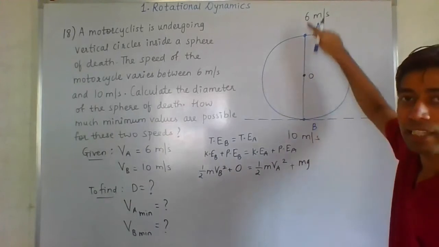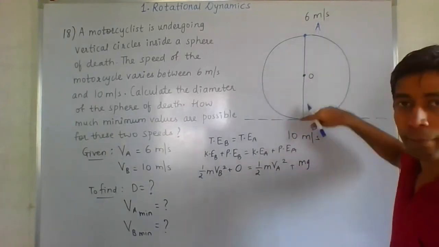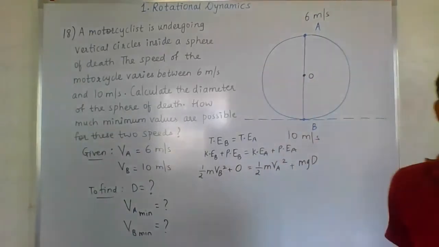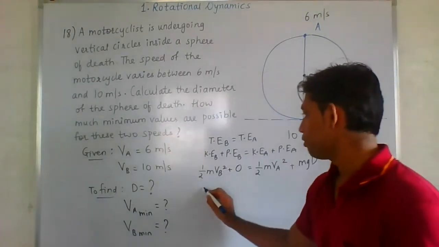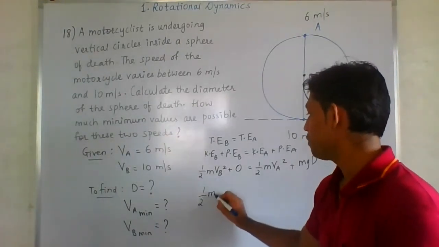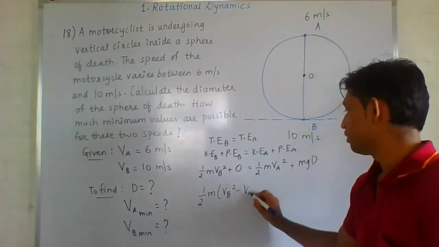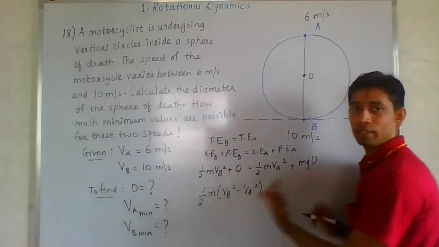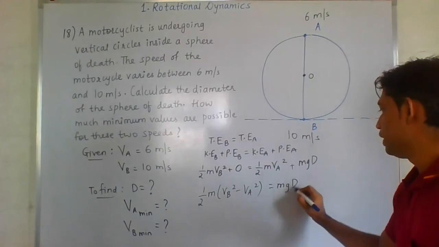इधर का height कितना होगा? That will be equal to diameter. Correct or not? ये diameter होगा. Radius plus radius. So here I will write d, or you can write 2r also. Got this? So now we can proceed. Half m, यहाँ पर अगर आप चेक करोगे तो v square minus ये स्क्वायर हो जाएगा, ये टर्म उधर जाएगा, तो half m common, vB square minus vA square is equal to mg into d.